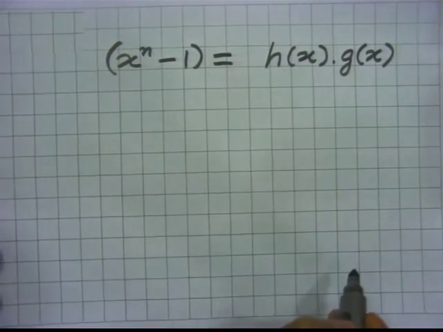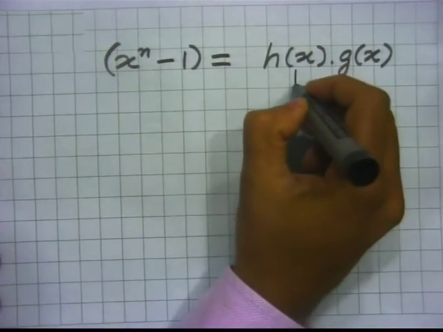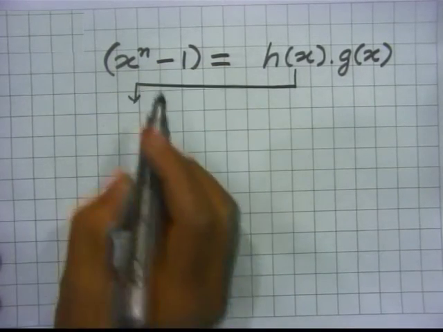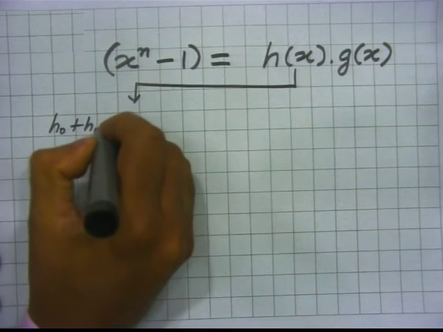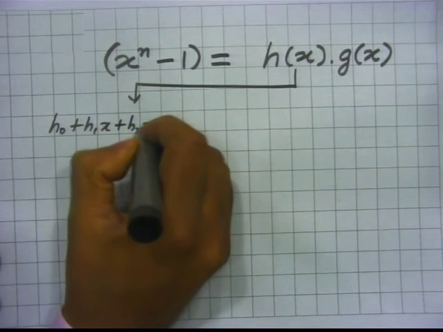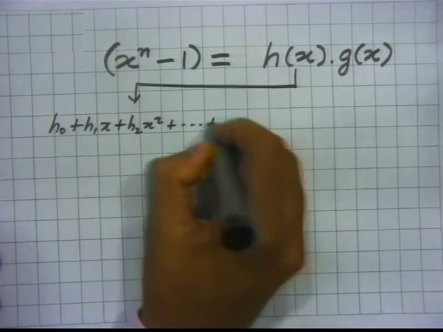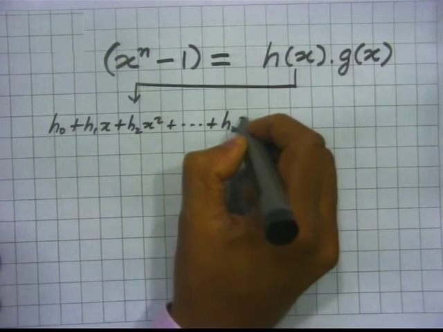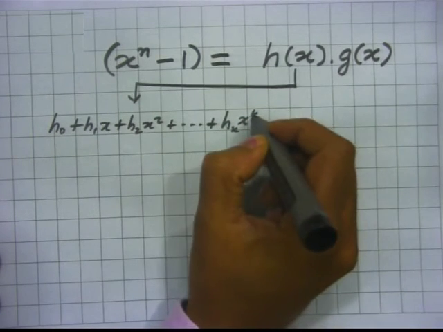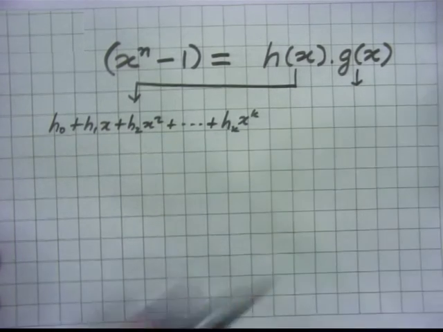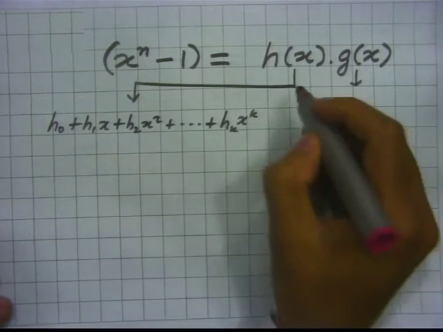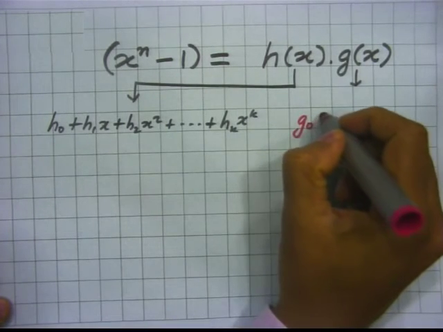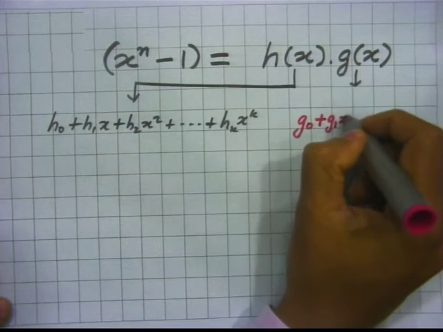Now, this leads to your coefficients h 0 plus h 1 x plus h 2 x squared plus up to h k x to the k, and this g itself would lead to your coefficients g 0 plus g 1 x plus and so on.